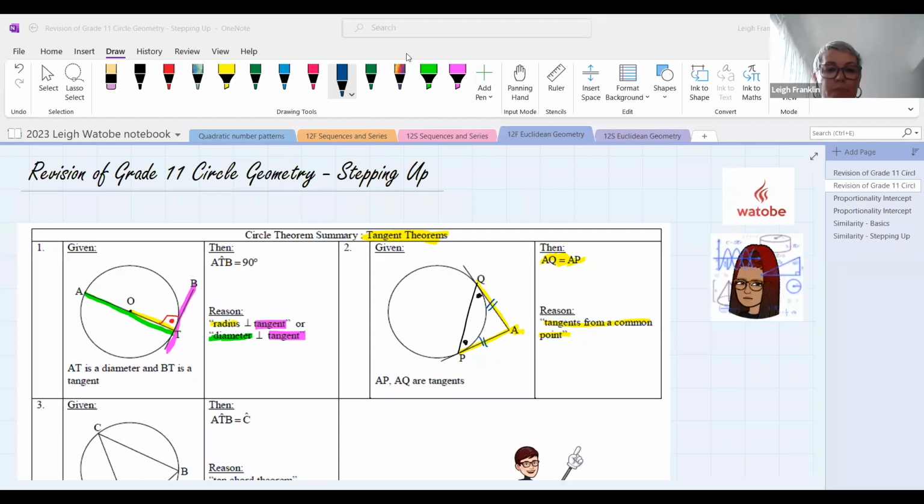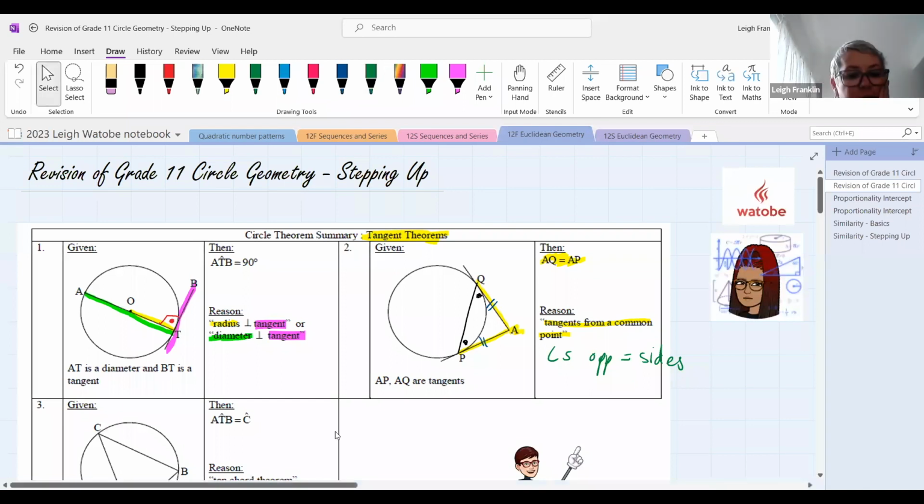It's an important one. That's it, Nolwazi. Angles opposite equal sides. Oh yes, I won't forget to do that. That's fine. Okay, so angles opposite equal sides. We'll go and have a look at the homework now, the answers that you were supposed to have.